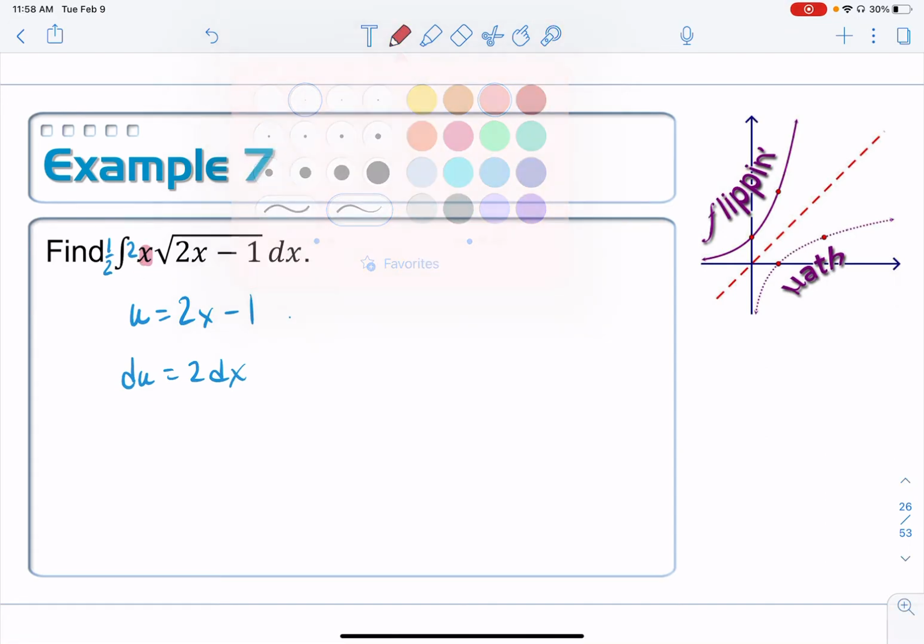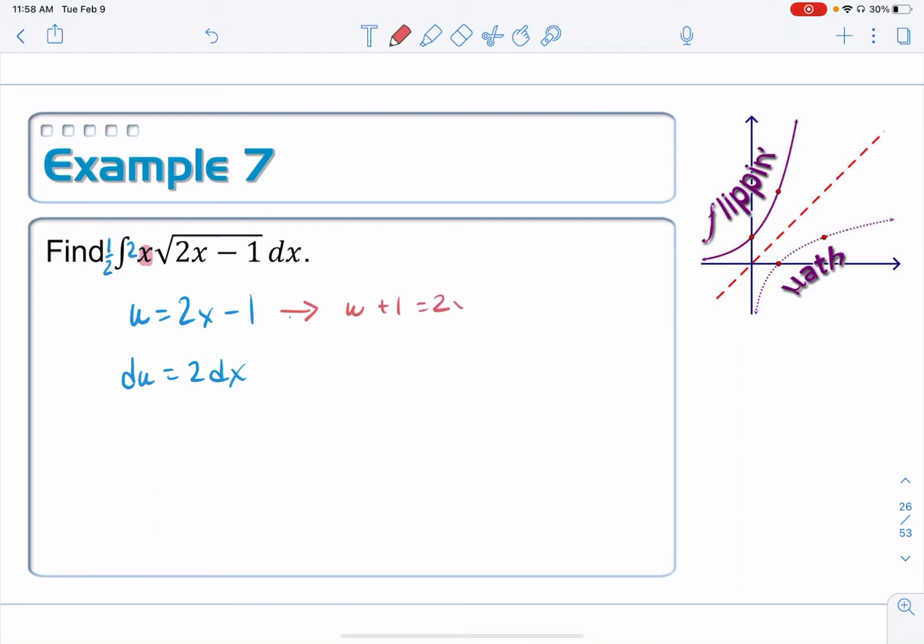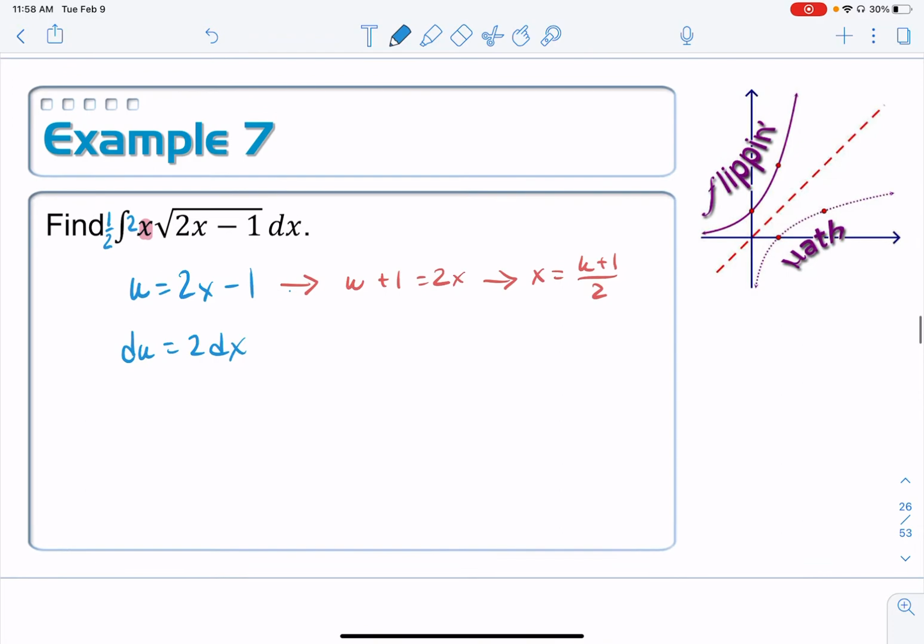That's what I'm going to do. And maybe I do that in another color. Why not? So I'd have to add over the 1. I have u plus 1 is equal to 2x, divide by 2, and I get x is equal to u plus 1 over 2. Now I have everything that I need for my substitution process. So you get to kind of think of this as like a double substitution.